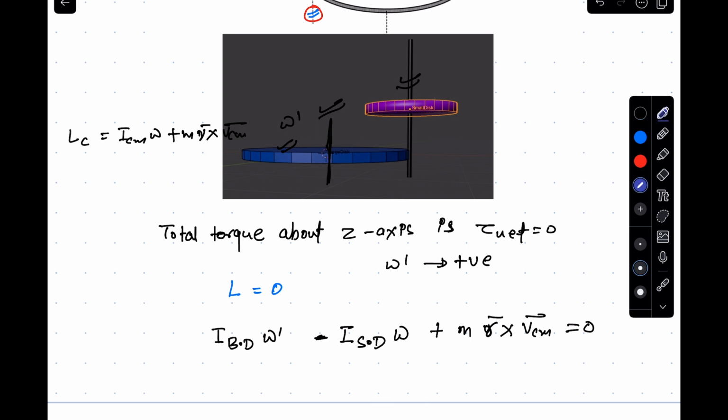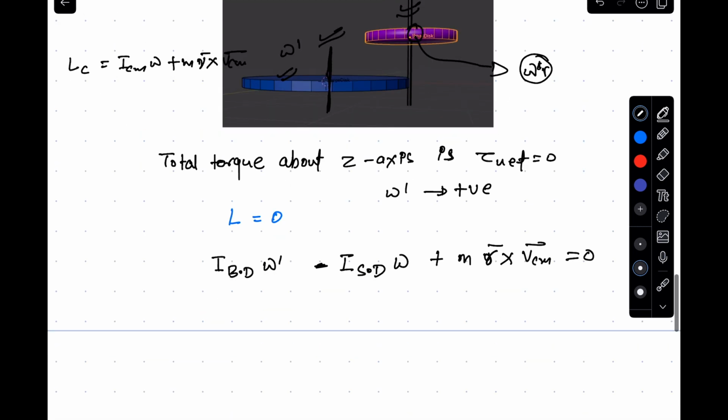Now look, the velocity of the center of mass of the smaller disk will be simply omega dash multiplied by r, and it will be in the same sense as the rotation of omega dash, where r is the radius of the bigger disk. So we have half m r square multiplied by omega dash for the bigger disk. Let me also write down this term.